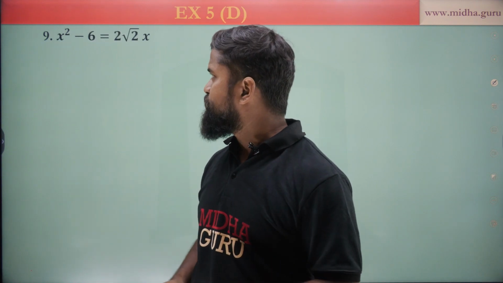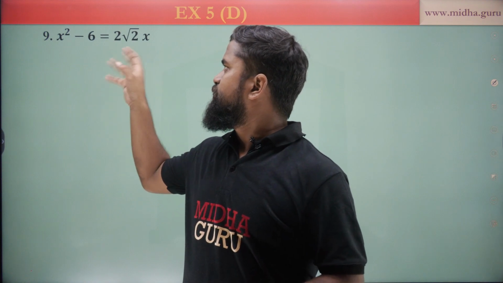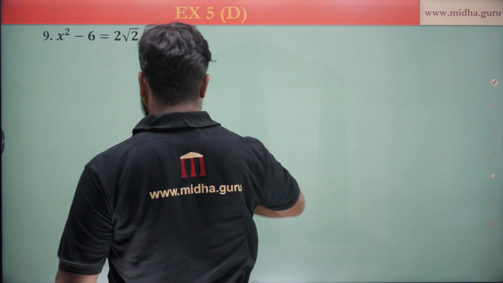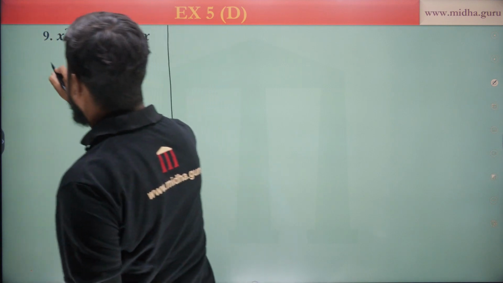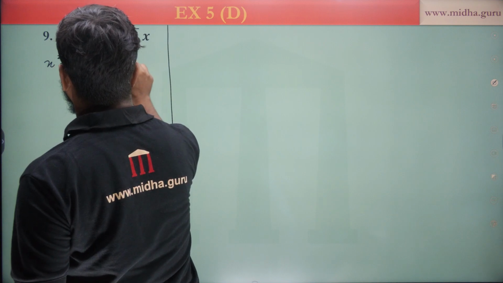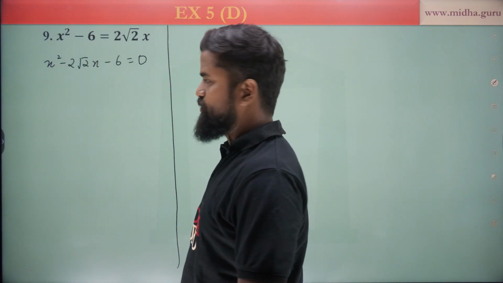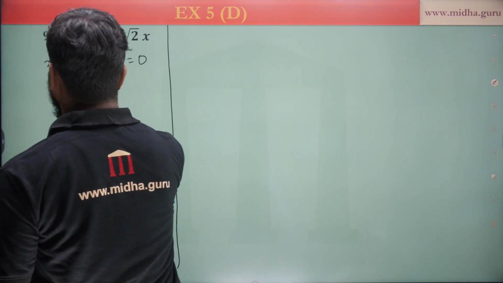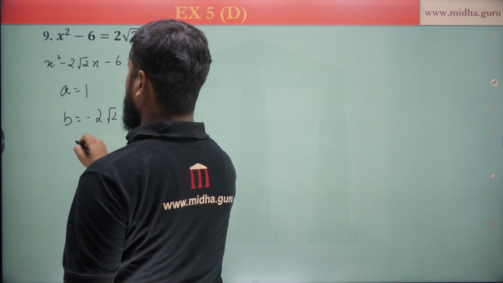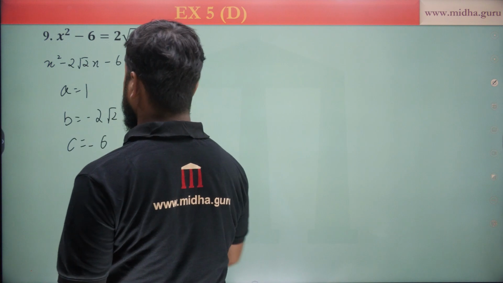The next equation is x square minus 6 is equal to 2 root 2 x. To bring it into the standard form, I'll just shift this term to the other side. It becomes x square minus 2 root 2 x minus 6 is equal to 0. So now a is 1, b is minus 2 root 2 and c is minus 6.